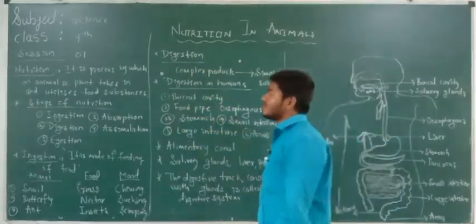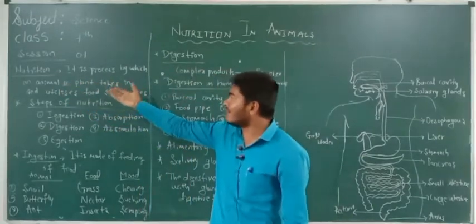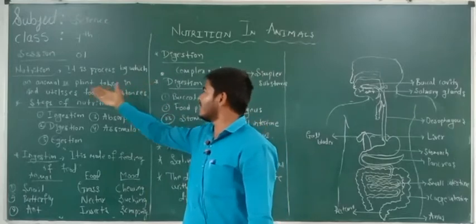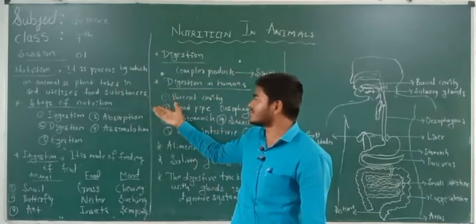Okay, now I am going to start this lesson with nutrition. What is meant by nutrition? It is a process by which an animal or a plant takes in and utilizes food substances.